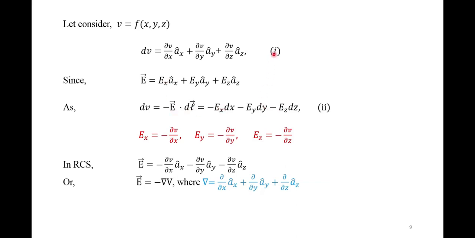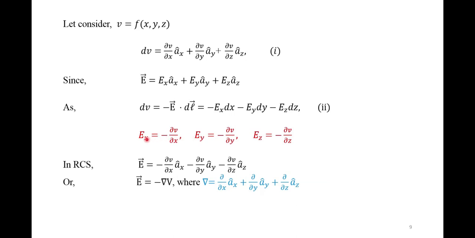Now compare equation number 1 with equation number 2. So we obtain E_x equal to minus partial V by partial x, E_y equal to minus partial V by partial y, E_z equal to minus partial V by partial z.